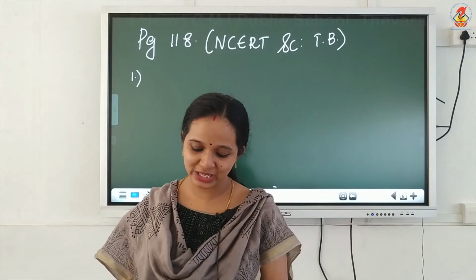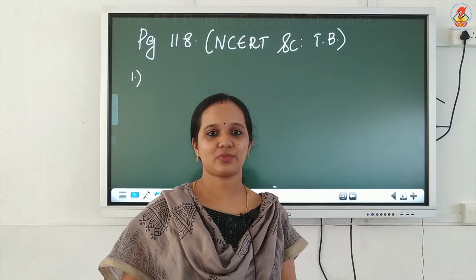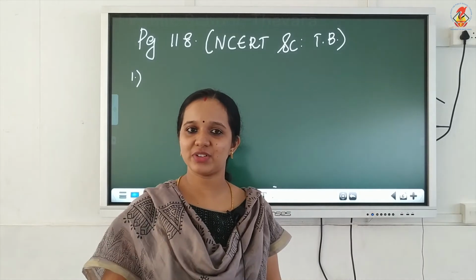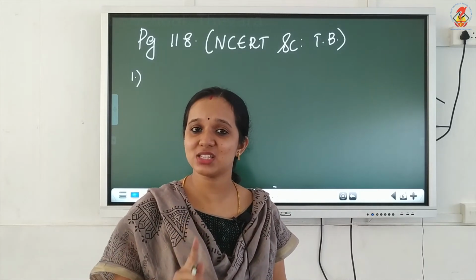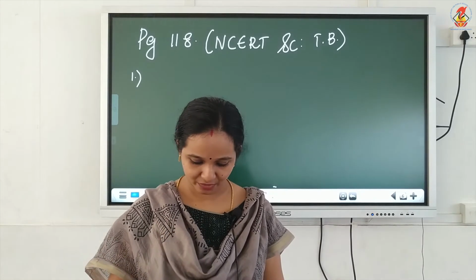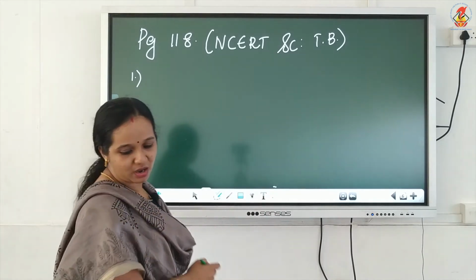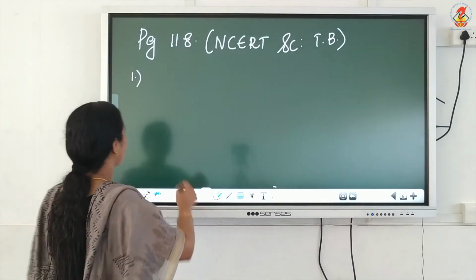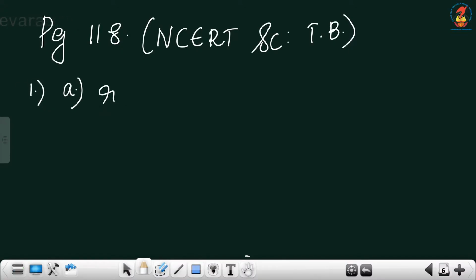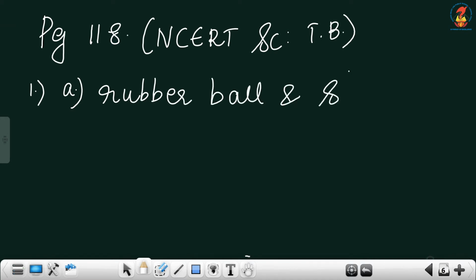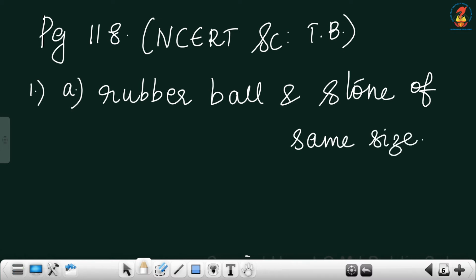Which of the following has more inertia? Already we have discussed that heavier objects have more inertia. The first one is a rubber ball and a stone of the same size.